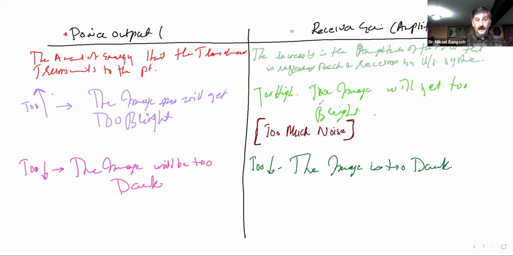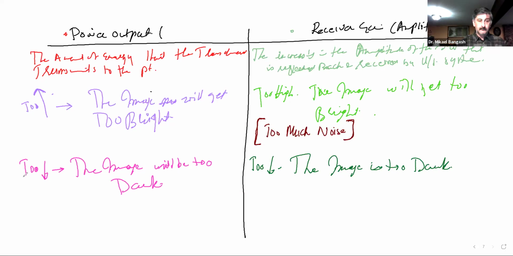Even if this was kept as a standard, if we did too much amplification, or increased our receiver gain too much, the image overall was going to become too bright.